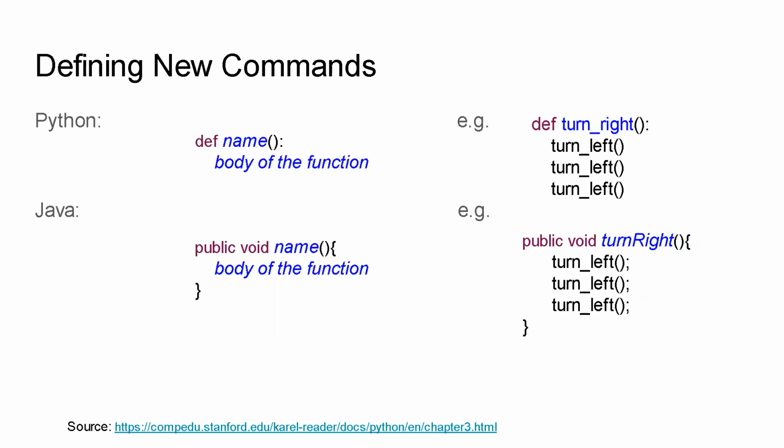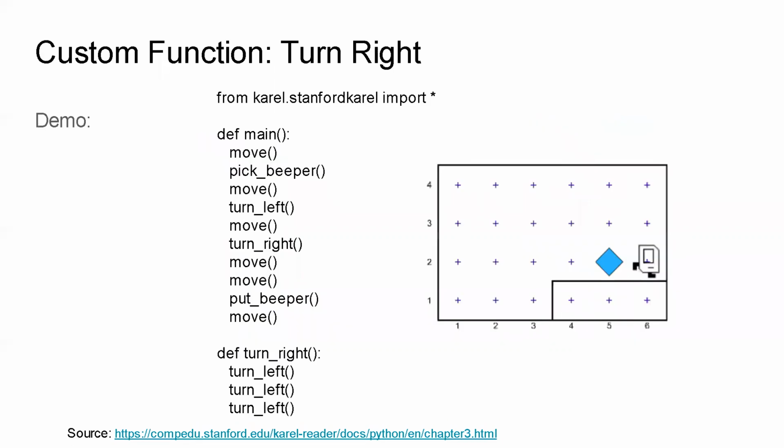So for Python, you could have basic syntax like snake case, turn_right. This is the custom function turn right. And for Java as well, you could use Karel to learn the Java language.